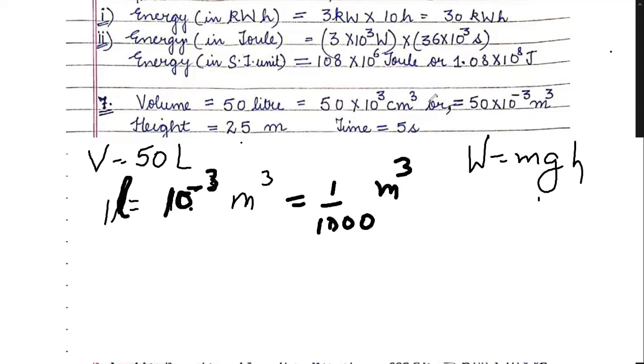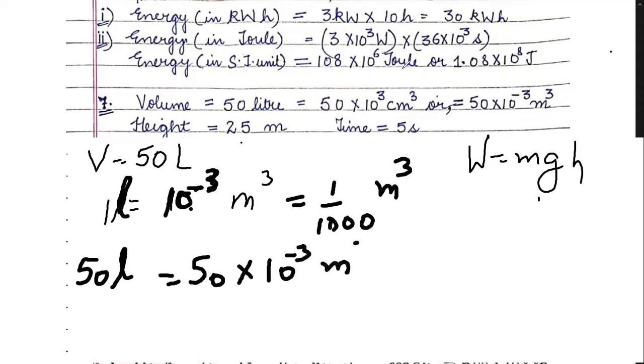So children, in 1 liter, this much meter cube, that means 50 liter will be actually equal to 50 multiplied by 10 raised to power minus 3 meter cube. This is the volume which we have measured. Still, I need mass. So children, remember, the formula of density was mass upon volume.